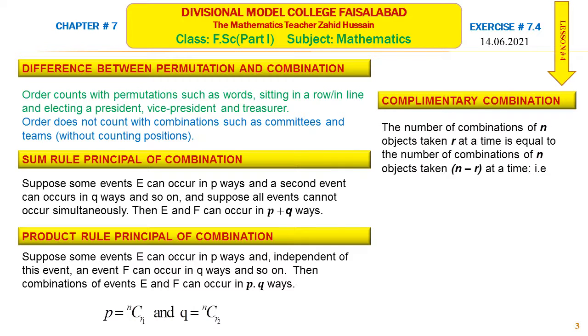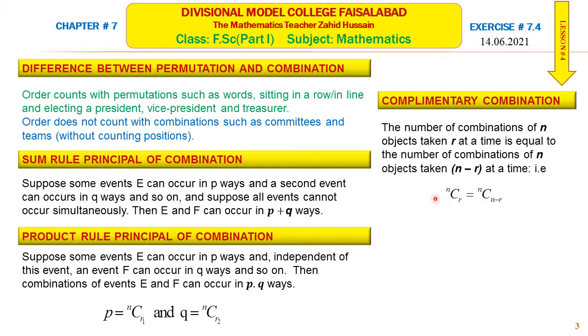Complementary combination. The number of combinations of n objects taken r at a time is equal to the number of combinations of n objects taken n minus r at a time. That is, nCr is equal to nC(n minus r).